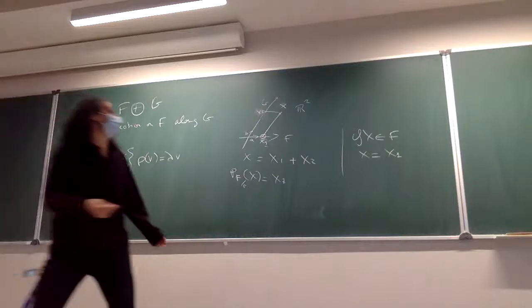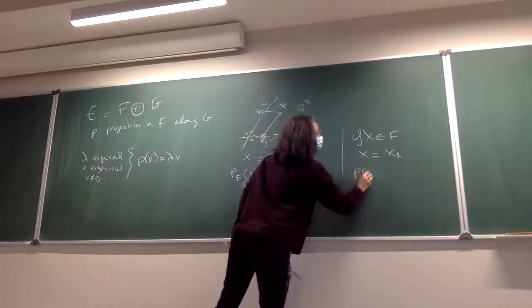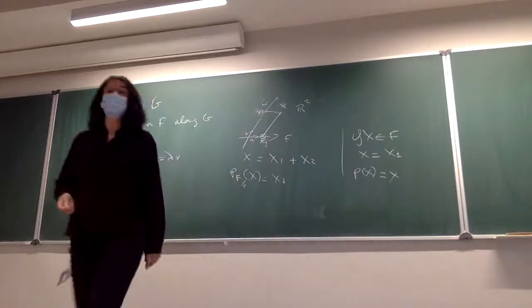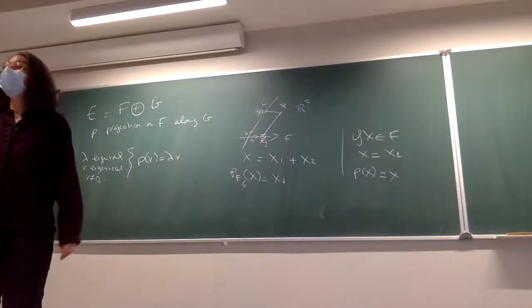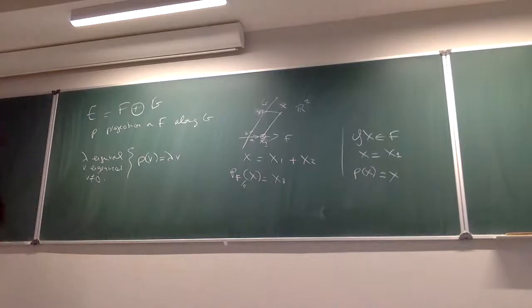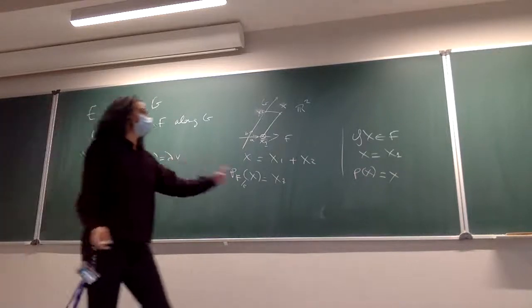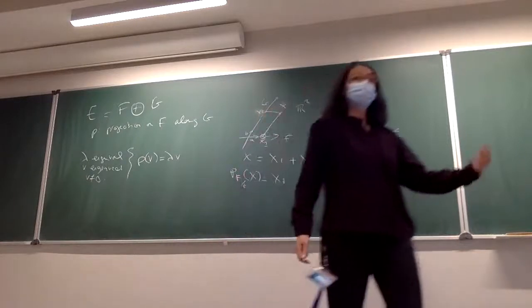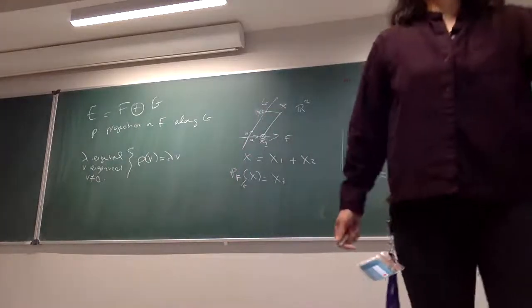Okay, so that the projection of X is going to be itself. Okay, so what is the eigenvalue that we have? X1? It's 1, yeah. Right? Eigenvector, anything that belongs to F, eigenvalue is going to be eigenvalue 1.